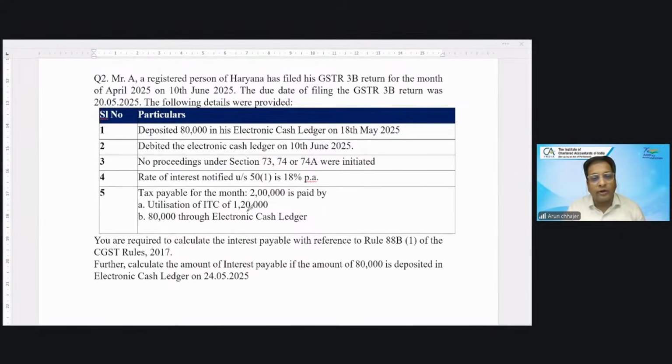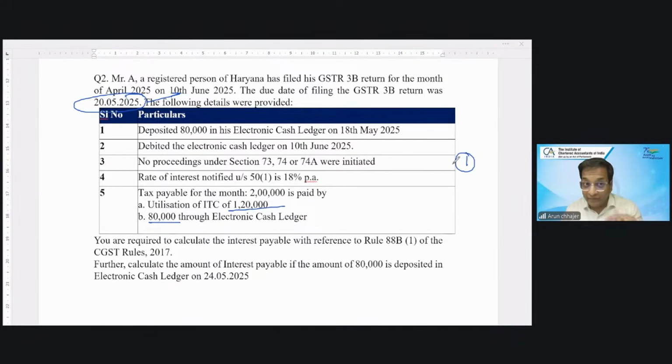Will it be on 120? Will it be on 80? Or will it be no interest? To answer this question, we need to check the due date was 20th May and the return was filed on 10th June. First, just ensure whether in the same return he has added the liability.